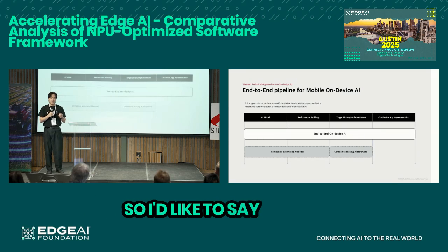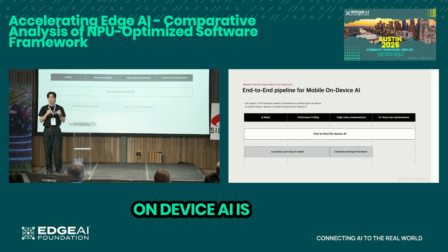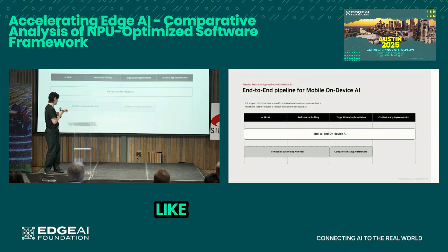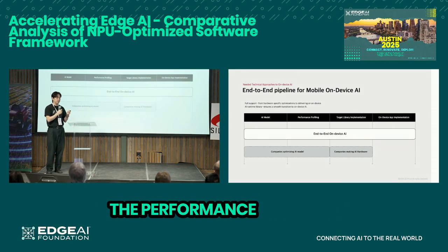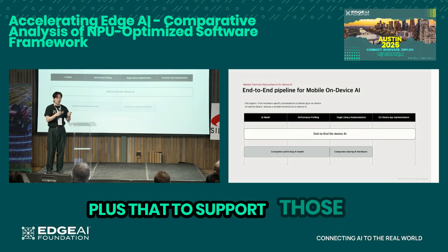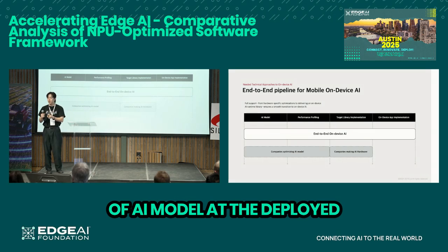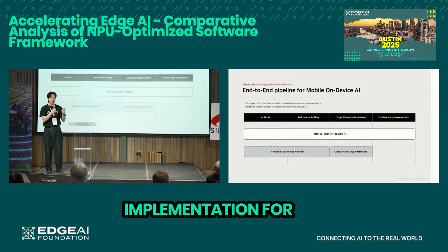So I'd like to say that an end-to-end pipeline for on-device AI is needed. The first thing is AI modeling. We have to optimize the AI model and get performance profiling, not only for latency but also for accuracy. Plus, to support the AI model on the deployed target software, we have to implement the target implementation for each manufacturer's target.